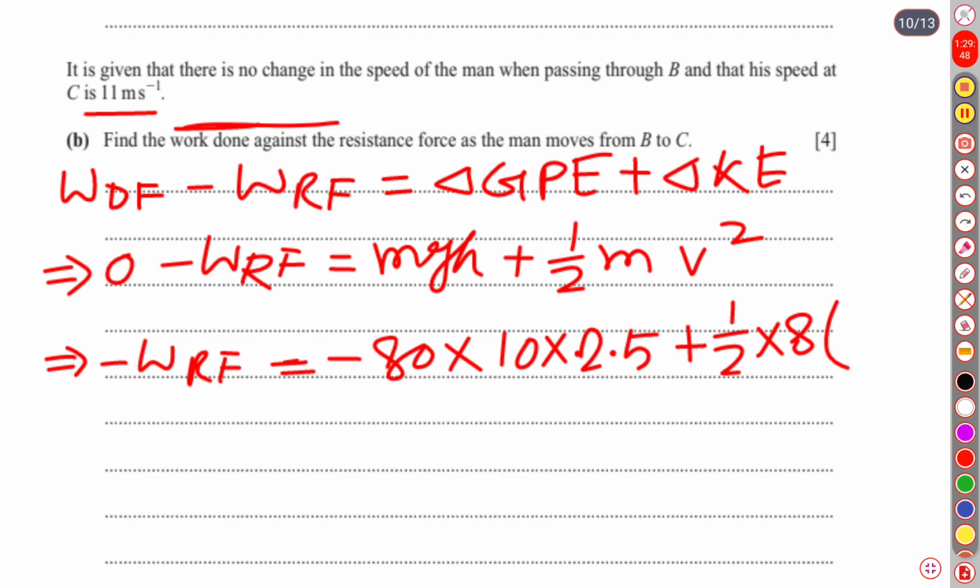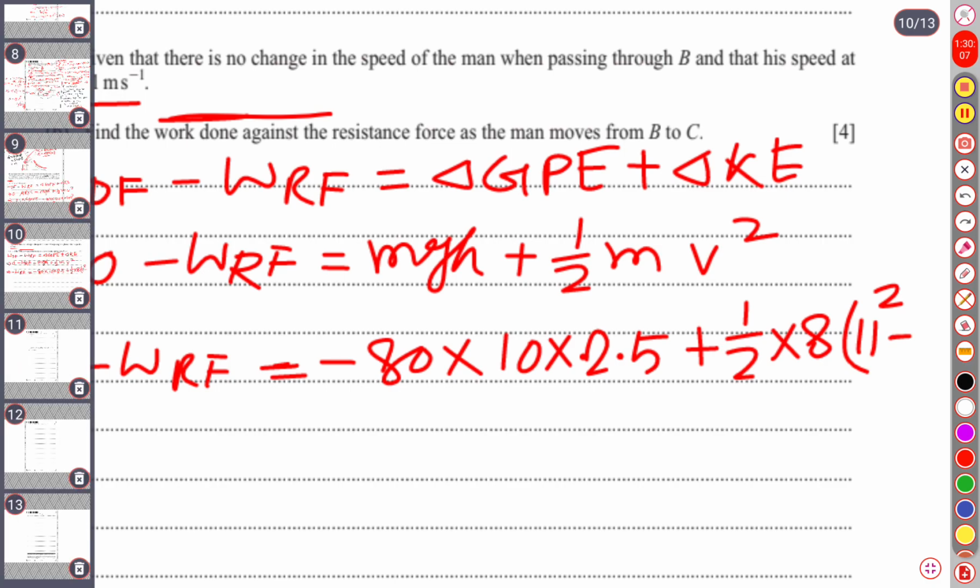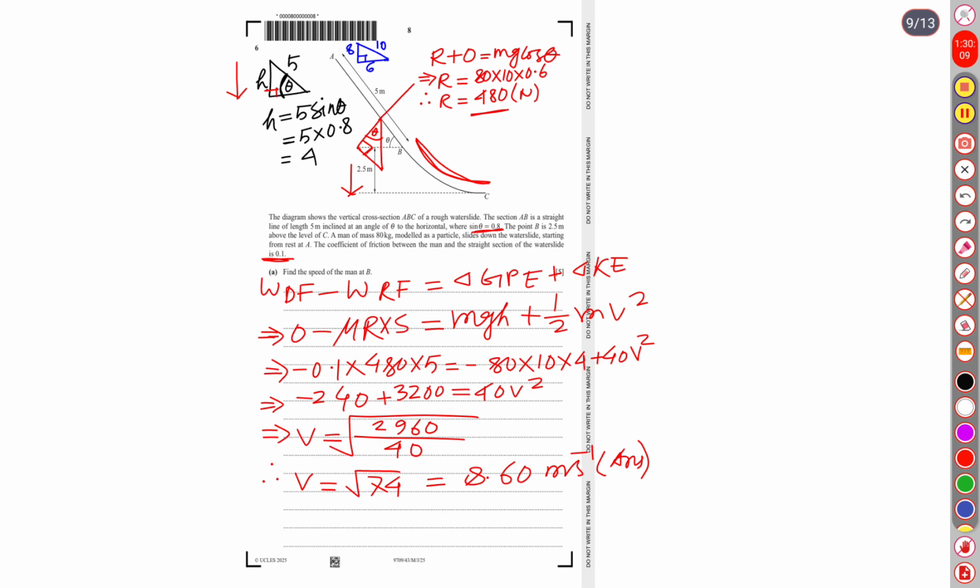So 11 square minus the initial velocity at B. We have got it, the square root of 74 on the previous page. Look at this, it was the square root of 74, this one.